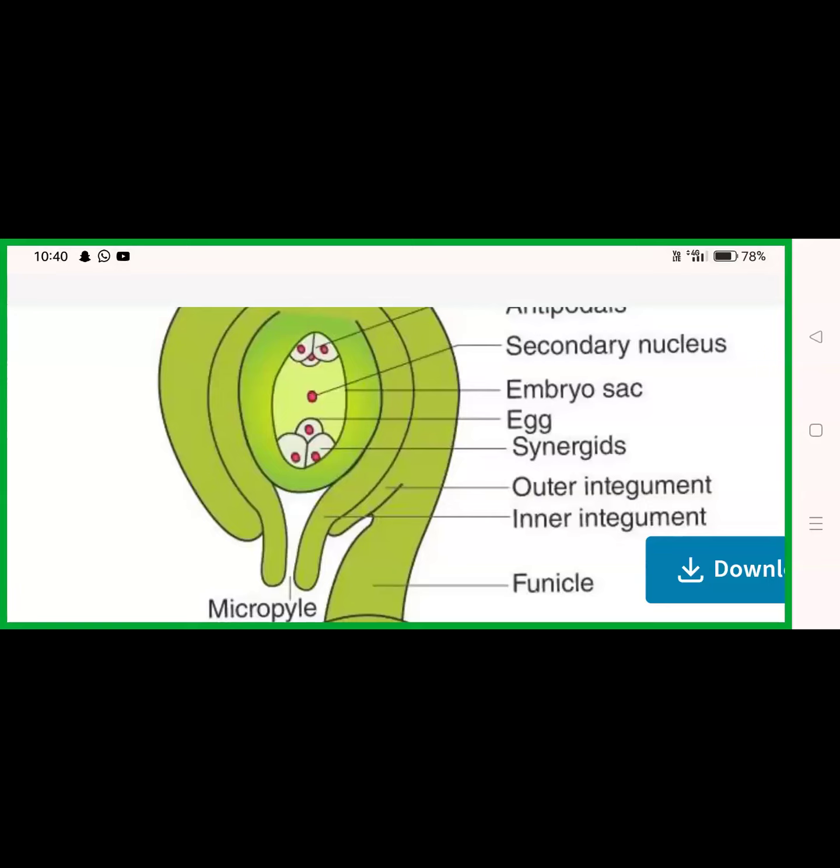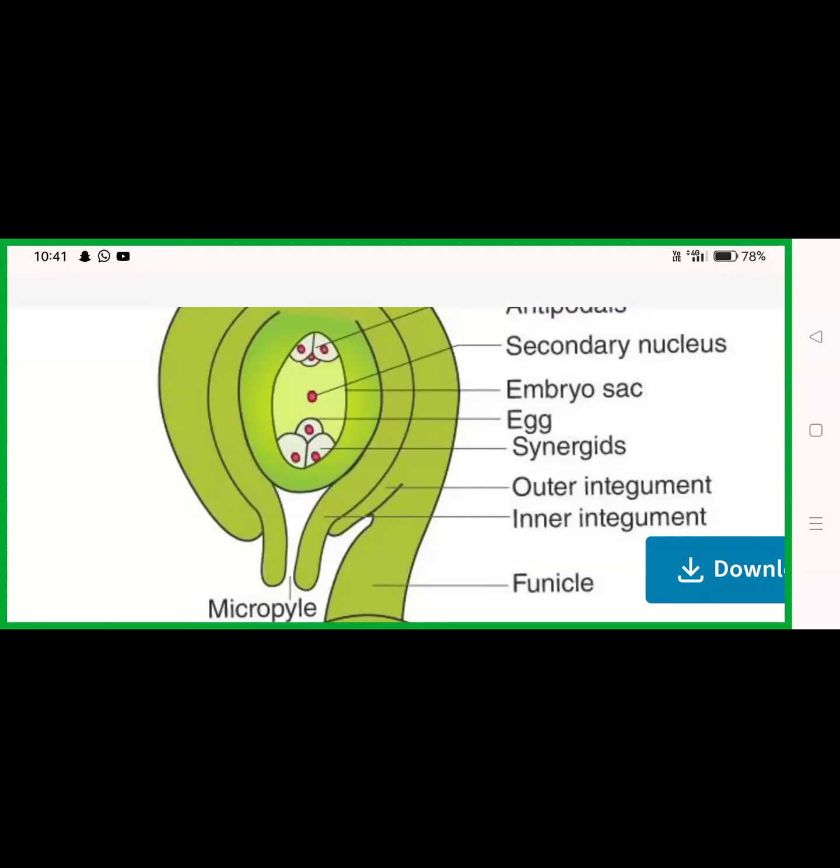Next, very, very important, double fertilization. What is double fertilization? In angiosperms, two male gametes are released into the embryo sac and take part in fertilization.